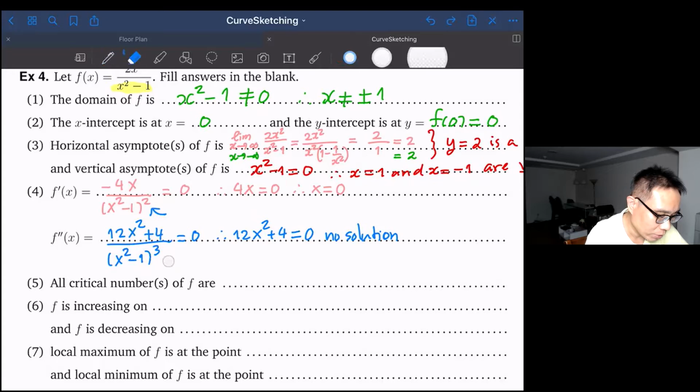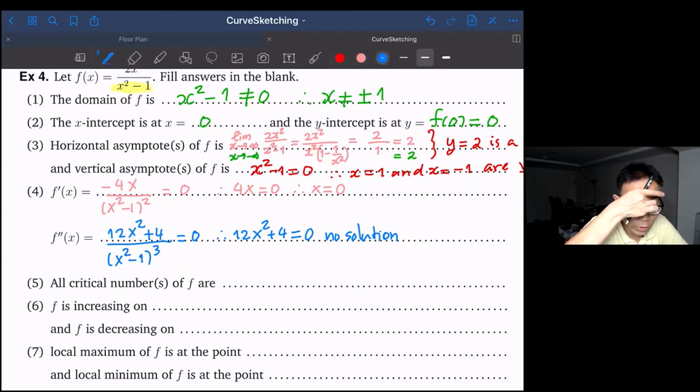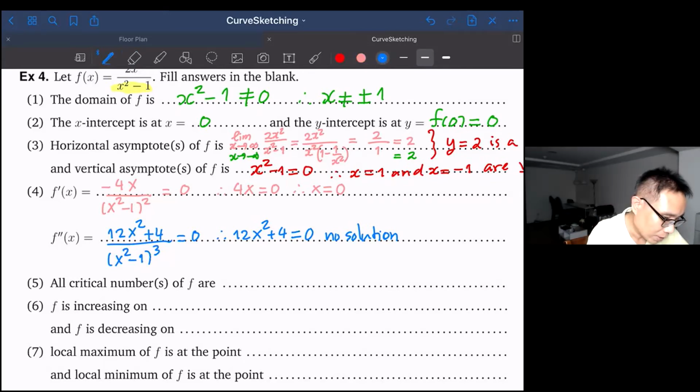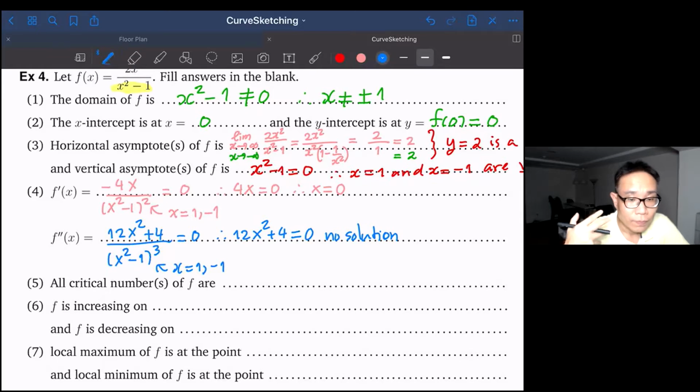However, you must include these two points in order to check the sign. In this case, they give you the boundaries: x equal to 1, negative 1 for both f prime and f double prime, because this is in the expression.